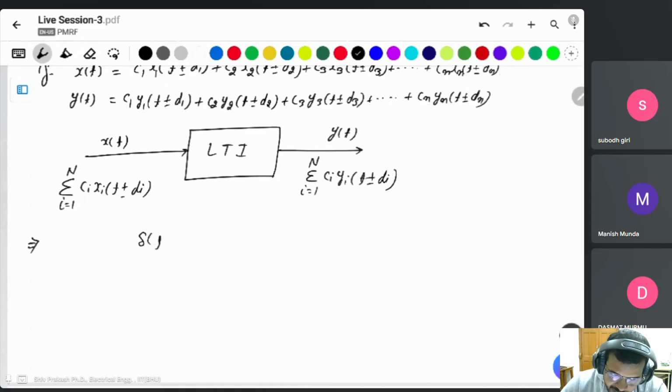The impulse, if you take it as an input signal, the output is the process. Suppose this is the impulse response of the system.